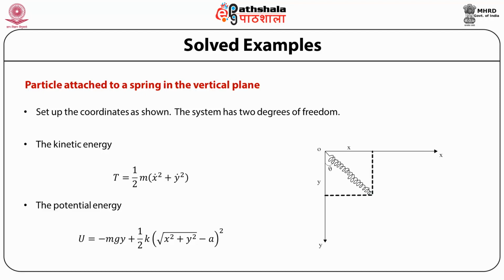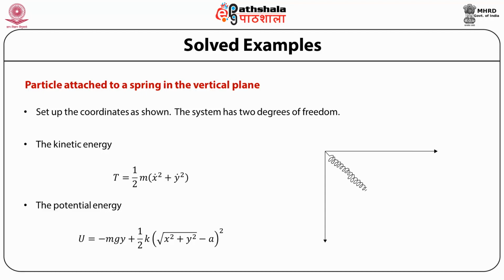The kinetic energy of the particle is clearly half m x dot square plus y dot square, and its potential energy is equal to the gravitational potential energy plus the harmonic potential energy because of the spring constant.